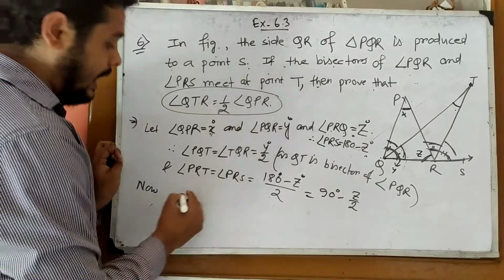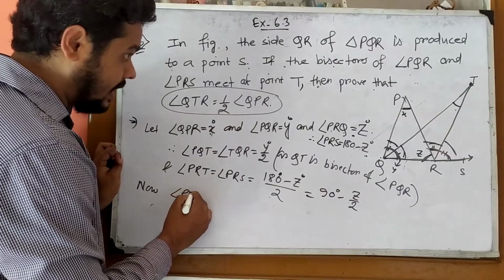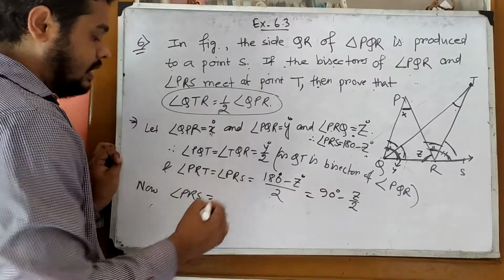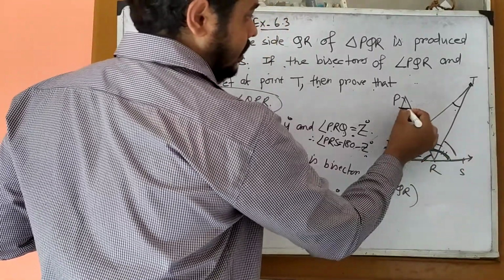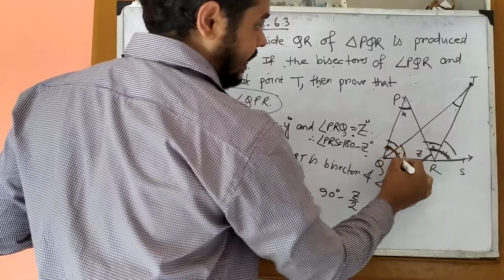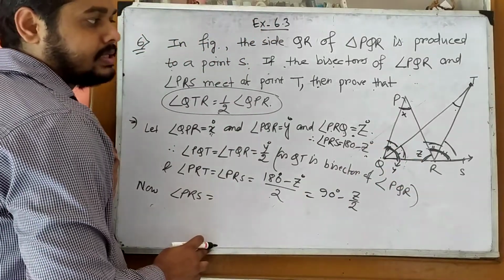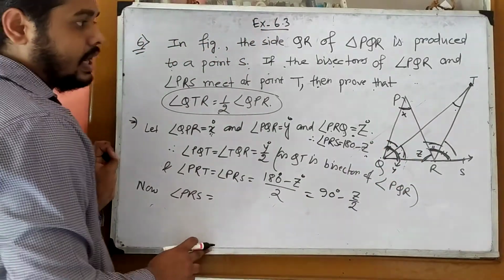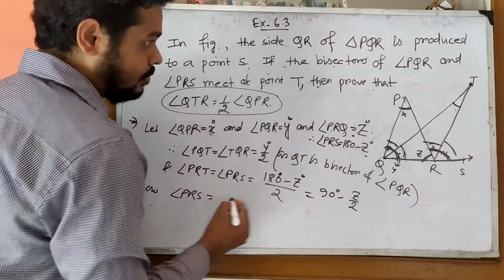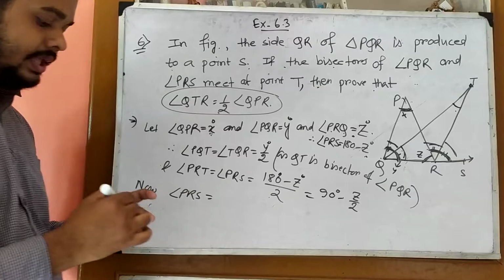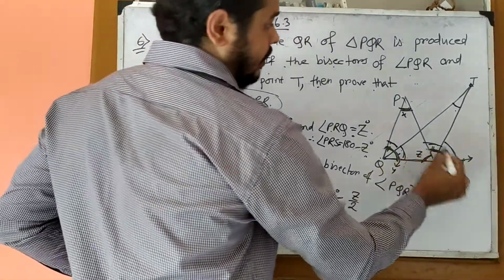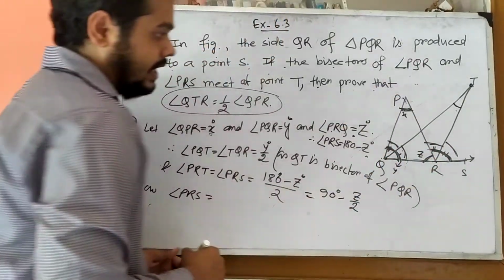Now angle PRS equals the sum of these two angles. By which property? Exterior angle equals the sum of two opposite interior angles.